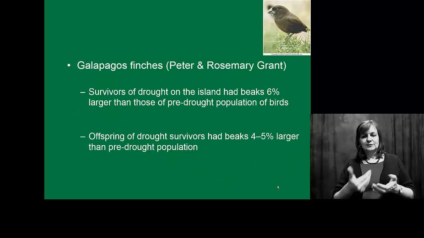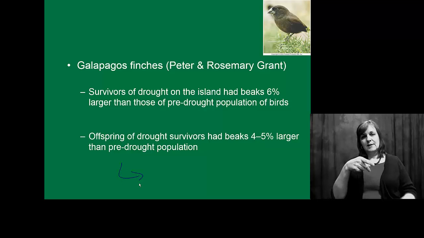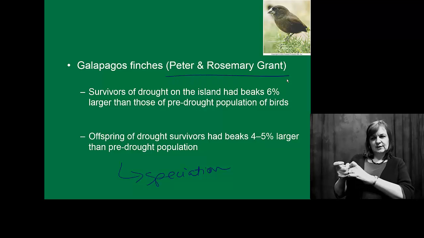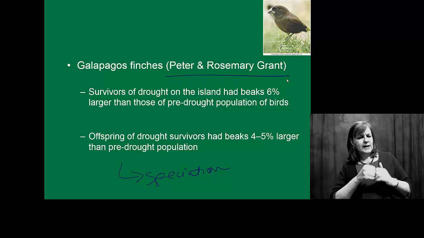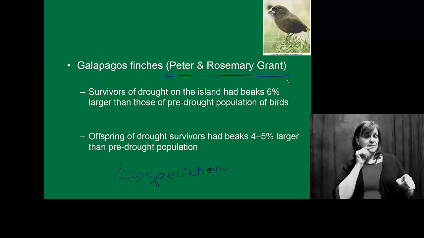We'll look at the Galapagos finches, as I mentioned to you, when we look more at macroevolution, because this results in a speciation event. What they looked at, Peter and Rosemary Grant, looked at changes in the environment and then looked at resulting phenotypes in bird populations.